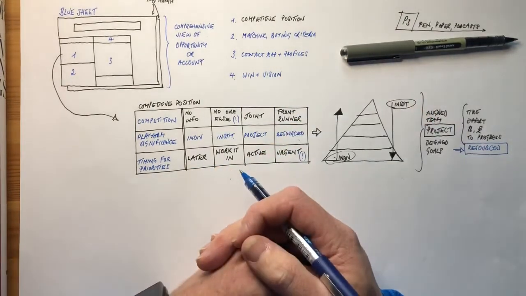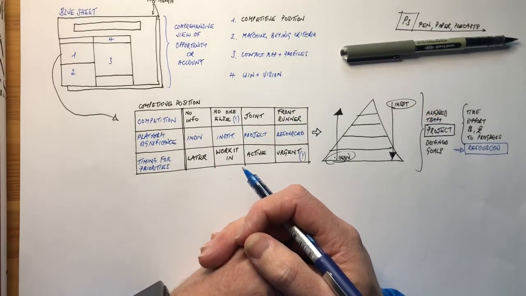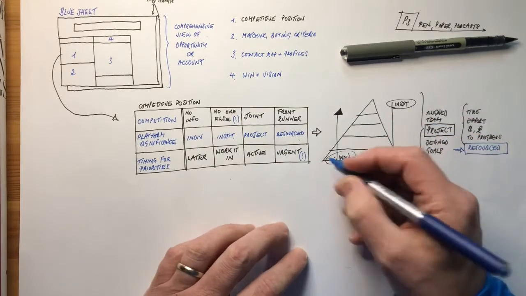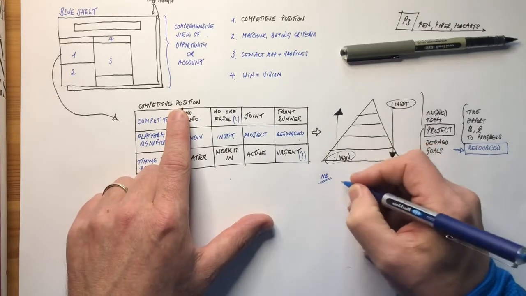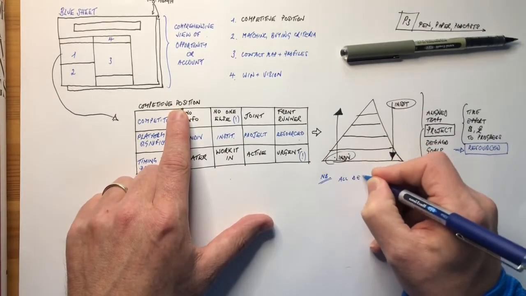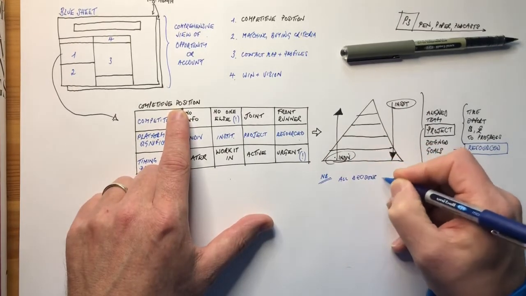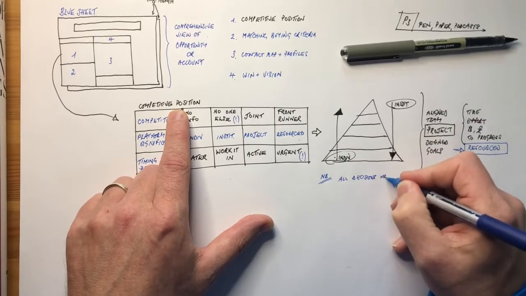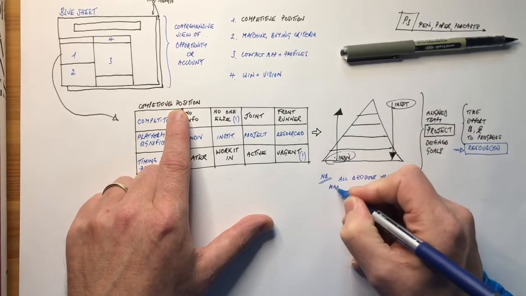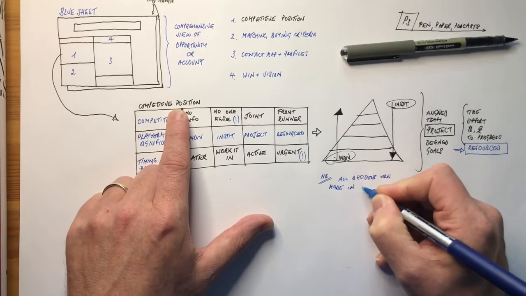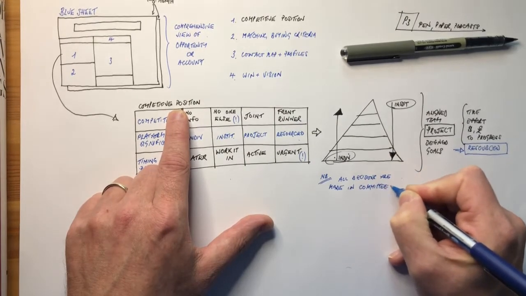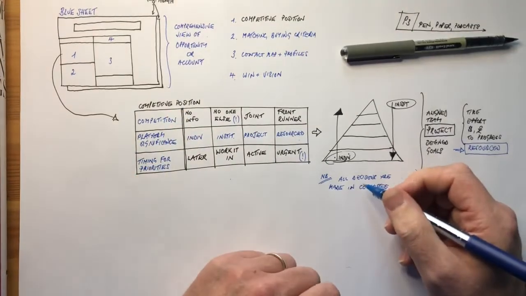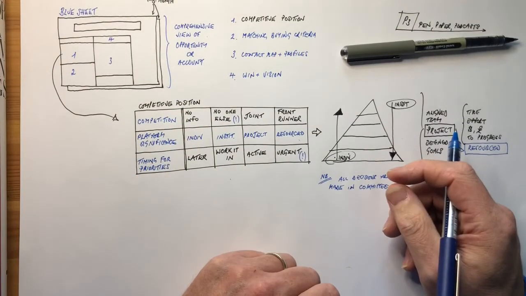So the last point that I wanted to make, particularly on this pyramid and around the competitive position, is that all decisions are made in committee. Now, this sounds like quite a bold statement, but it reflects the current buying processes that are happening in organisations.